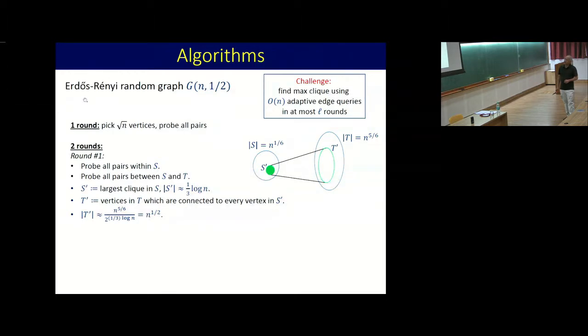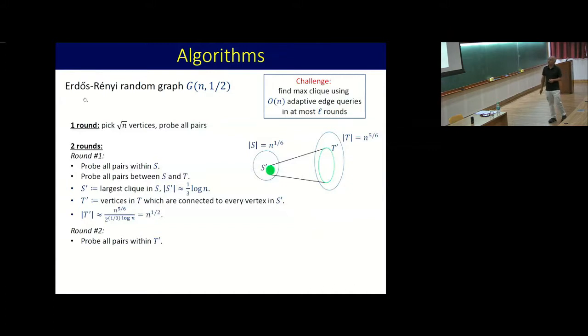There are n to the 5/6 vertices here. The probability each one is connected to everybody in S prime is 2 to the minus 1/3 log n, which is 1 over root n. Which means, on average, n to the root n vertices here are joined to everybody in S prime. We're not saying they're joined to each other or anything. That's round 2.